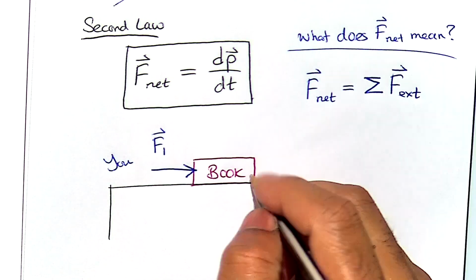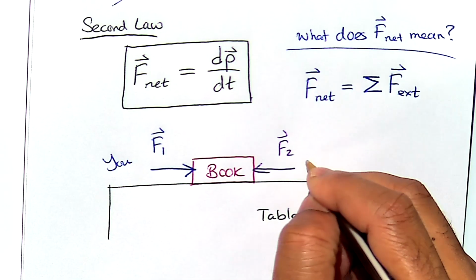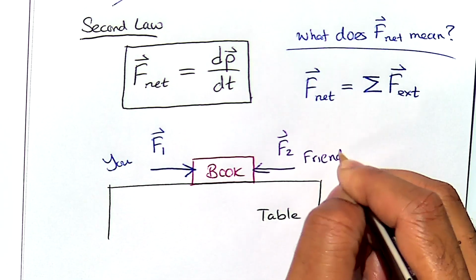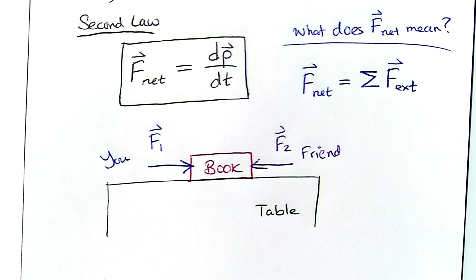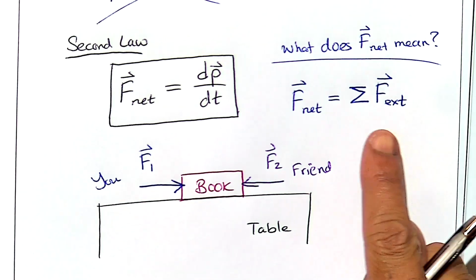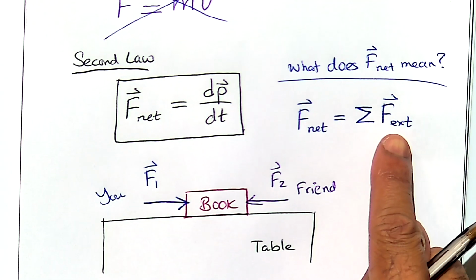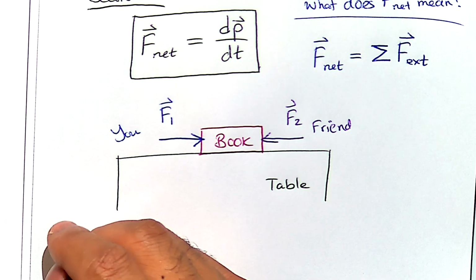And then on the other side is your friend, also pushing on this book, F2 is your friend. Now, let's think about the forces acting on the book, okay? And remember, Newton's second law only cares about the external forces, okay? We'll get into what that is.